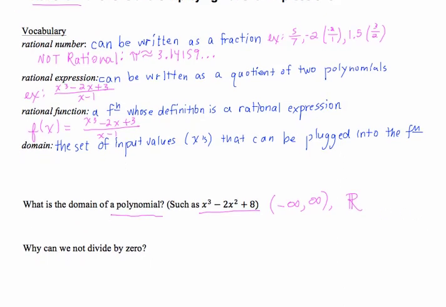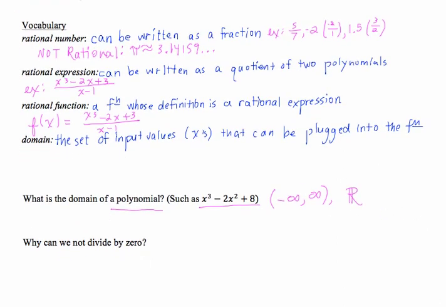Now why not? You may be wondering, why can't we divide by 0? Well, there's lots of ways to explain it. A simple way is just to go back to the definition of division. For example, if you have a group of objects, here's a whole bunch of little objects, and say you want to divide this group into 2. Your answer would be how many are in each group of 2.